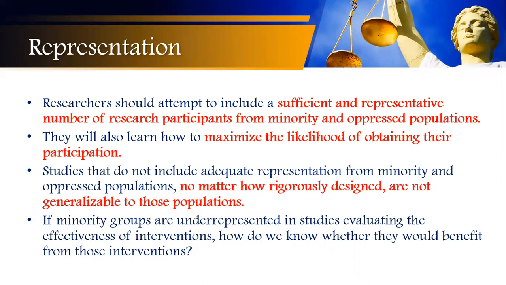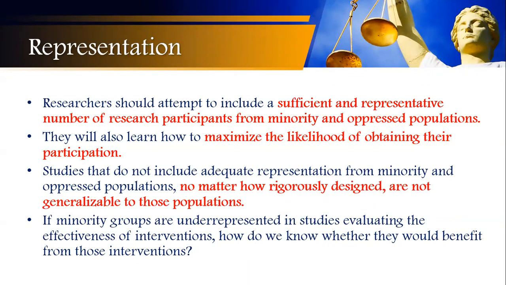Researchers should attempt to include a sufficient and representative number of research participants from minority and oppressed populations. Researchers should also learn how to maximize the likelihood of obtaining their participation. Studies that do not include an adequate representation from minority and oppressed populations, no matter how rigorously designed, are not generalizable to those populations.